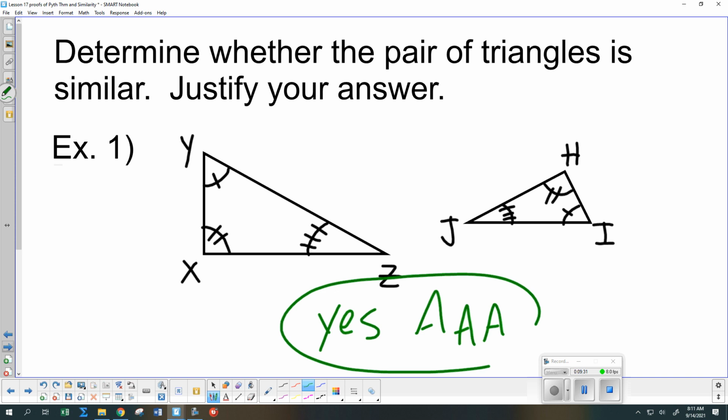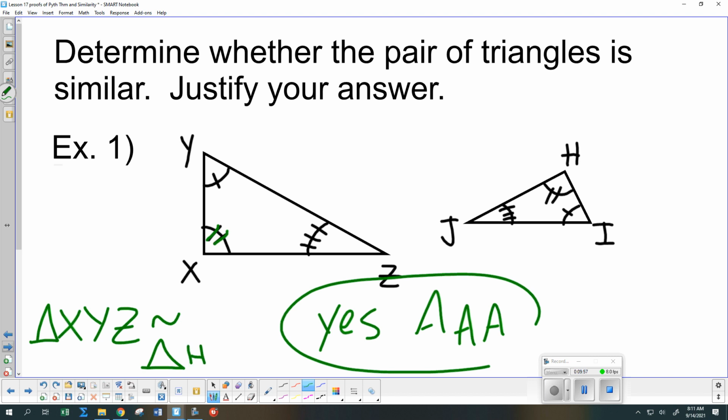Actually, if the book does not already give it to you, you also have to write the statement. So triangle, pick one of them, X, Y, Z, do the similar sign, and then the other triangle. X on the left one corresponds to which angle on the right, everybody? R. X has two tick marks. Which other one has two tick marks?